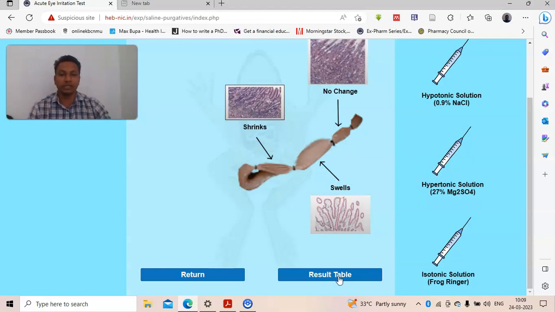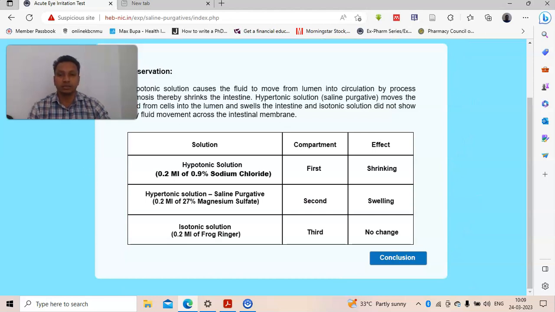So here you can see the observations. Hypotonic solution causes the fluid to move from the lumen into circulation by the process of osmosis, thereby shrinking the intestine, that is compartment 1. While the hypertonic solution, that is the saline purgative, moves the fluid from cells into the lumen and swells the intestine. And the third compartment, isotonic solution, did not show any fluid movement across the intestine membrane.